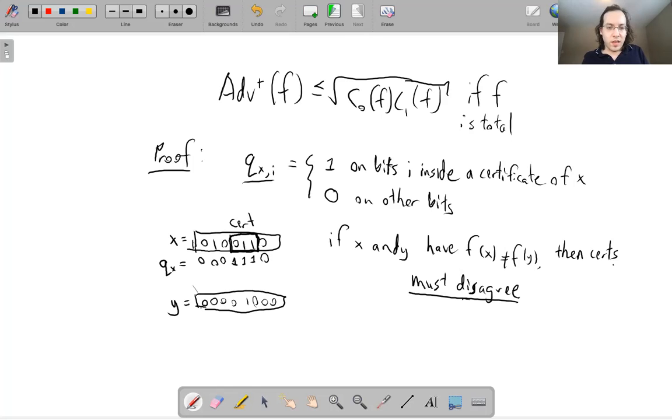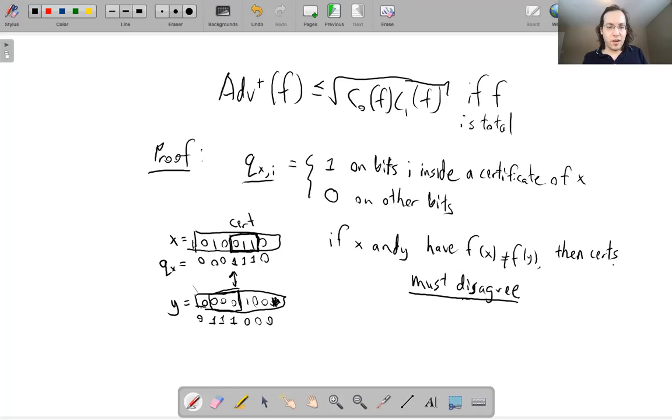Whatever the string is, whatever its certificate is, I guess I didn't make it the same length here. I wanted length 7. So whatever the certificate is for y, let's say it's this one, it must overlap here with 1 bit of the certificate for x, or else it's not possible for both of these things to be certificates. Now the weight scheme gives y these weights.